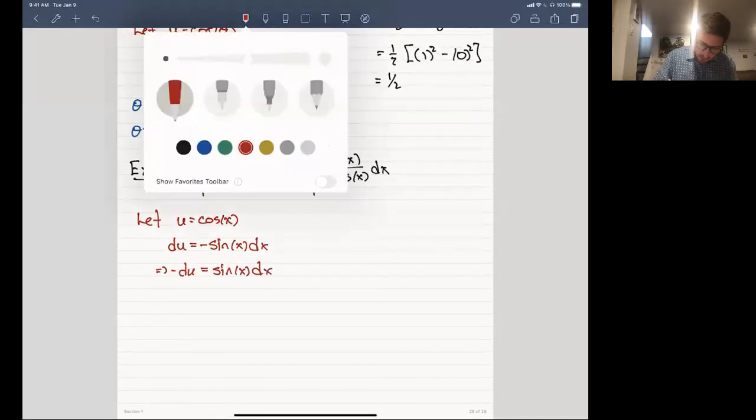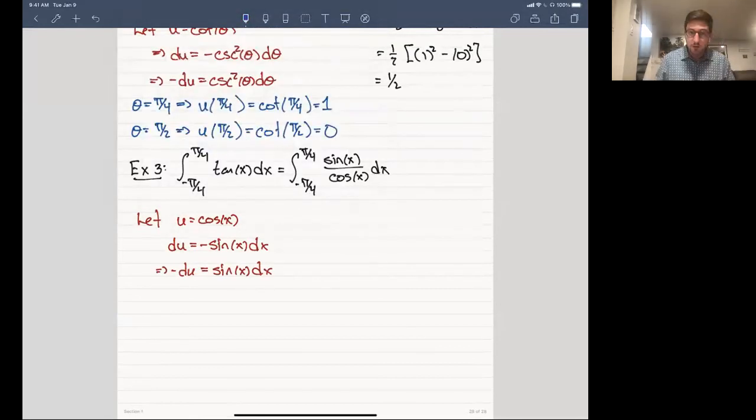And then the next thing that we need to do is we need to evaluate some bounds. So when x is equal to minus pi over 4, this gives me that u of minus pi over 4 is equal to cosine of minus pi over 4, which is equal to square root of 2 divided by 2.